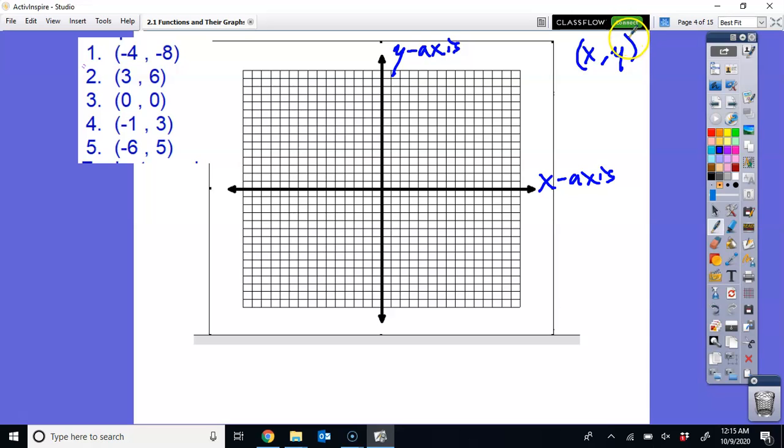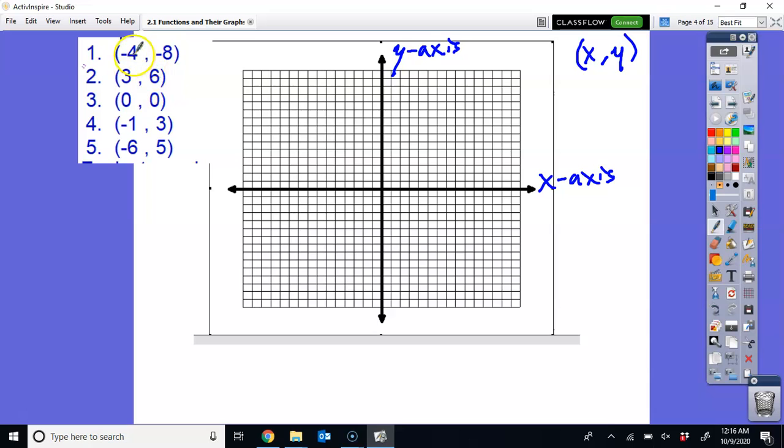When we start drawing lines and curves across the graph, we're not just drawing one point, one GPS position, but we're also looking at how that position changes from one point to another. And that's when we start getting into these relationships between numbers and telling us how to find the next point. That's a function.